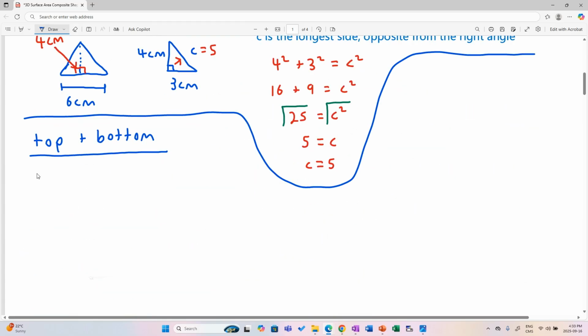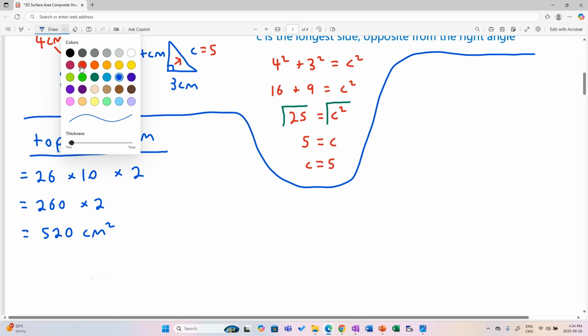I'm going to write that down: 26 times 10, and I'm going to multiply it by 2 to get the bottom as well. 26 times 10 is 260, and if I multiply 260 by 2, I get 520 centimeters squared. Okay, I just solved for the top and bottom.